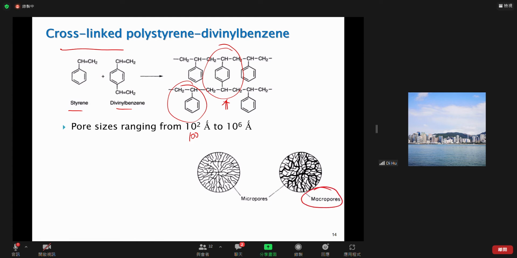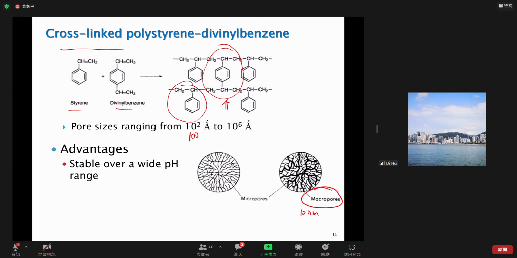For those macropores, the pore size can go up to 10 nanometer, and then you're able to handle those very large molecules. That's a broadened application of this kind of matrix for SEC.